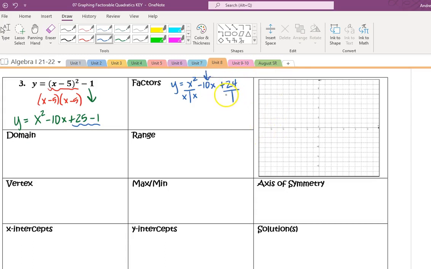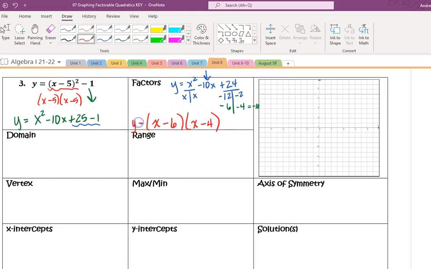So even if, like you said, 12 and 2, they would both have to be negative in order to multiply to be positive to add to this. So there's a problem there. So I think it's negative 6, negative 4. Negative 6 times negative 4 is positive 24, but when you add them up, you would get a negative 10. So now I know our factors are (x - 6) and (x - 4).